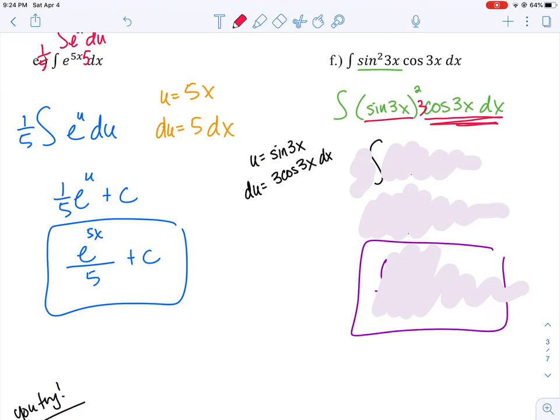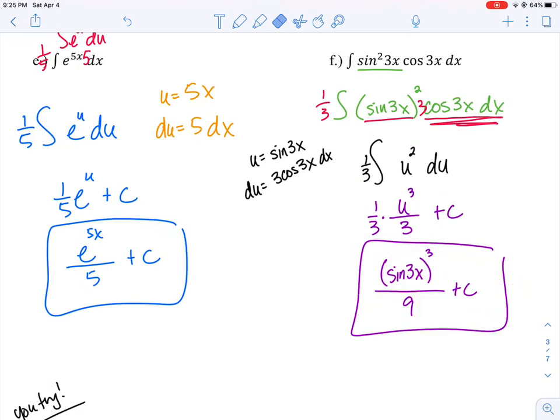So I'm going to put a 3 there as long as I balance it out with a 1/3 in the front. And so now my problem has a u squared du with a 1/3 in the front. I can use my power rule, find my antiderivative, and then back substitute in my sine of 3x. So I get a final antiderivative of sine of 3x cubed all over 9 plus c.